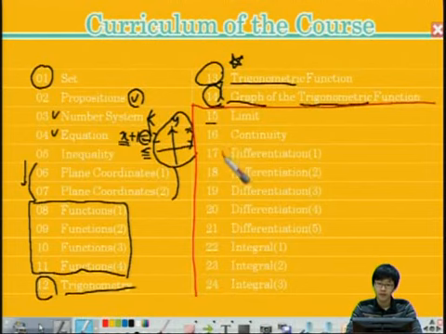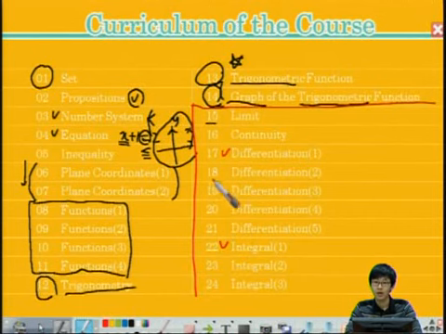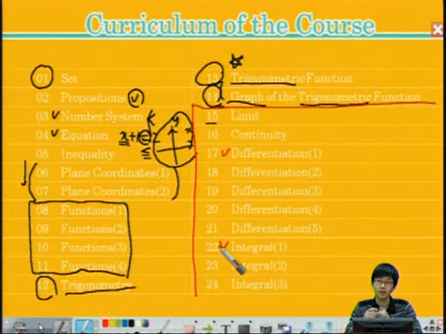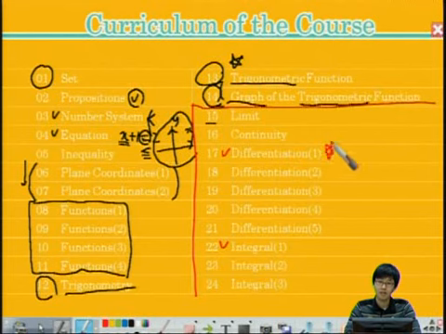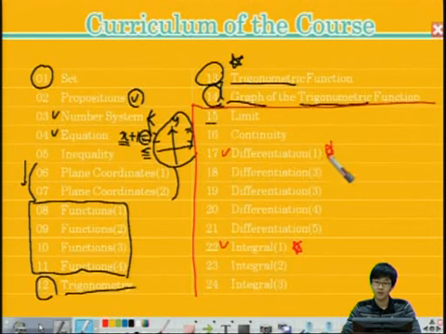This differentiation and integration, these two are important in this university math, especially economic major students. They use this differentiation a lot, and also this integration. And it goes without saying that it is very important to engineering students because they use this every day.